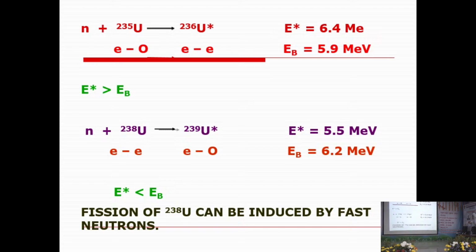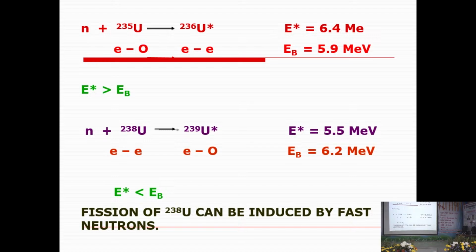Now compared to the earlier case, the excitation energy will be lower, because it's already even and more stable. Now you are making it a little bit even-odd. The energy we get is lesser than in the uranium-235 case. That's why the excitation energy is only 5.5, whereas the energy barrier for fission is 6.2 MeV.